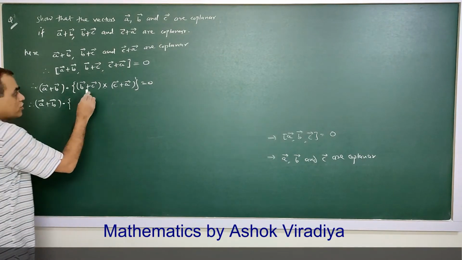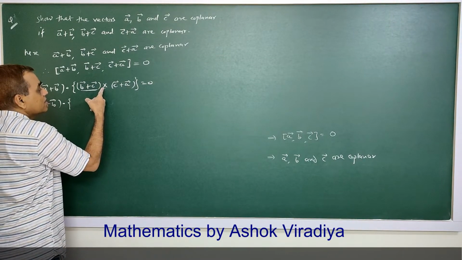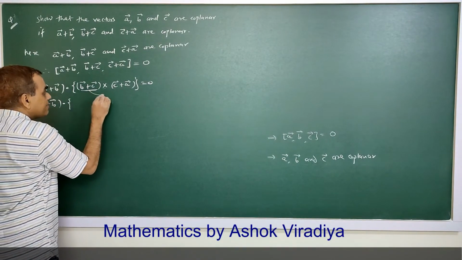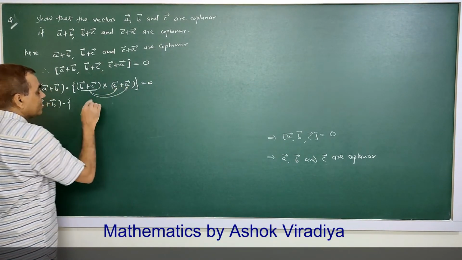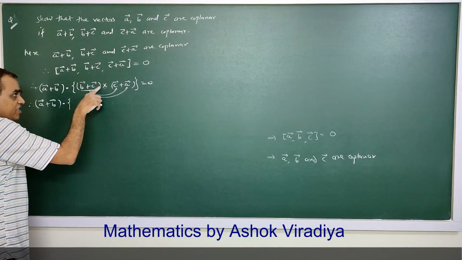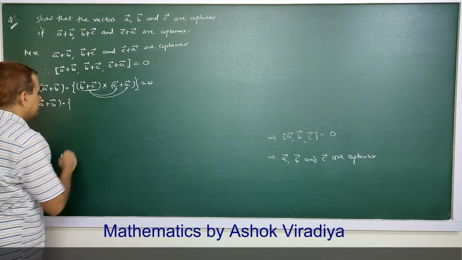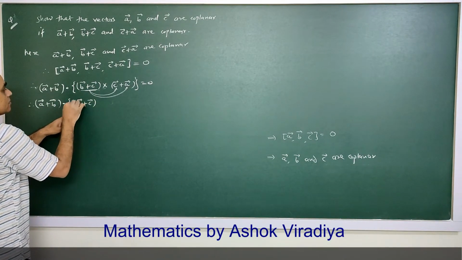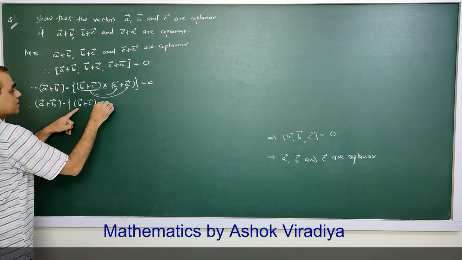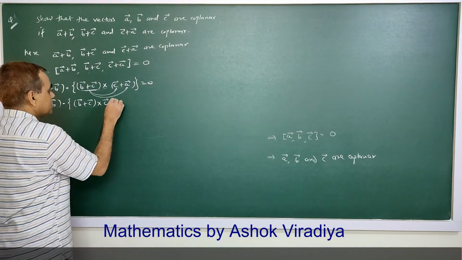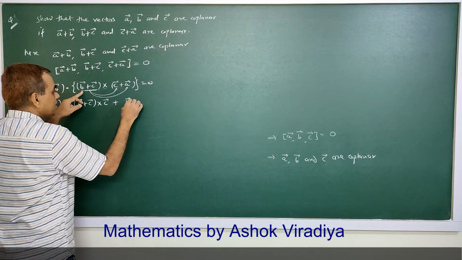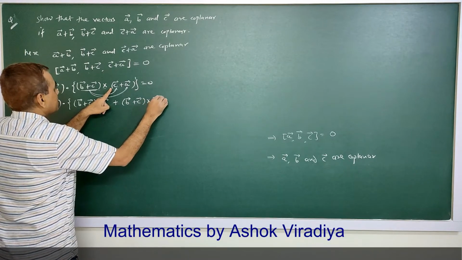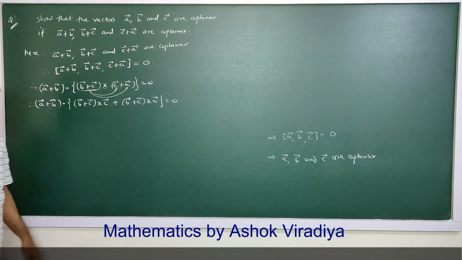Now here, cross product is distributive over addition. So this vector I am taking cross with C and with A. So B plus C cross C plus B plus C cross A equal to 0.